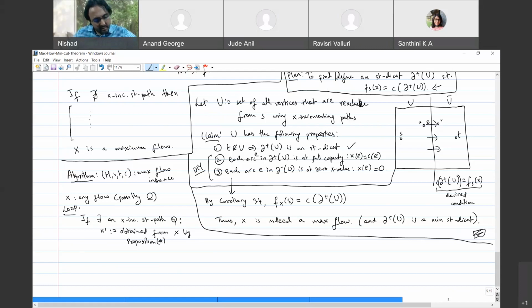Otherwise, there is no x-incrementing ST path, and in this case we define the set U as the set of all vertices reachable from S using x-incrementing paths.